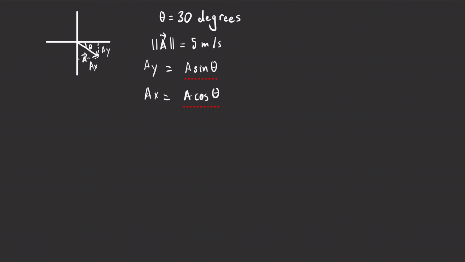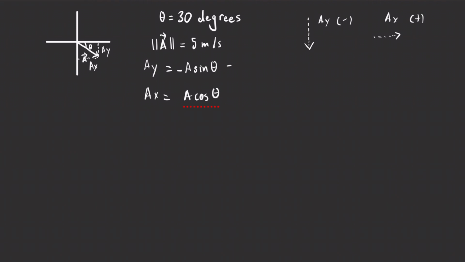Now there's one thing that I haven't taken into account in these formulas, and that is the direction of the vector components, because the vector components can either be positive or negative. In this case here, we can visually see that the y component is negative because it's going down. And the x component is positive. So to compensate for that, I have to put a negative sign here.